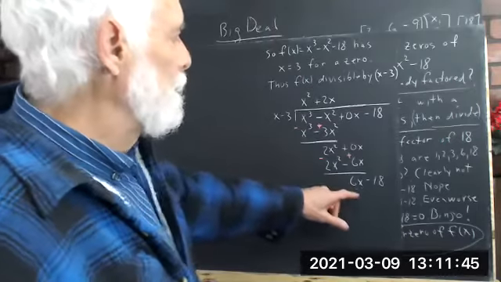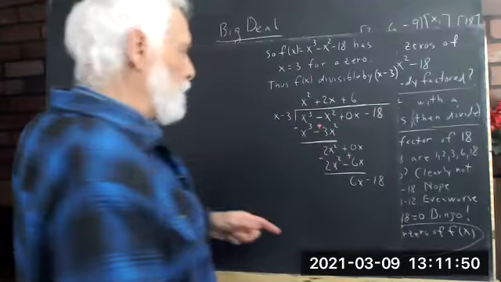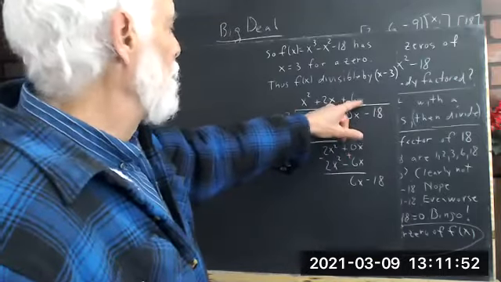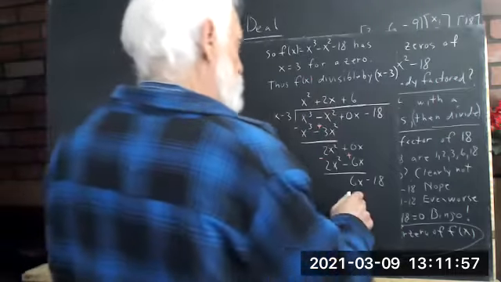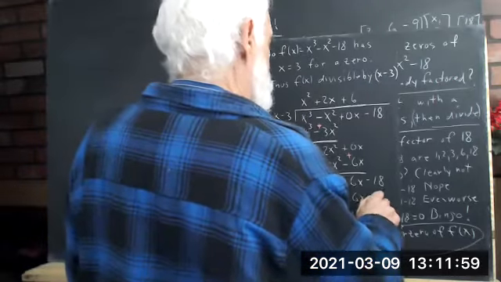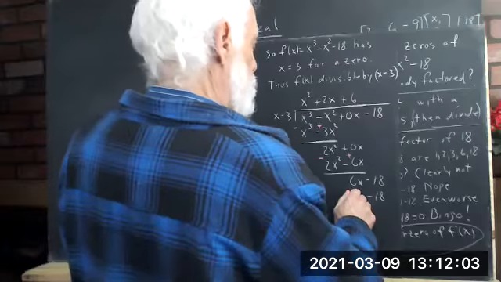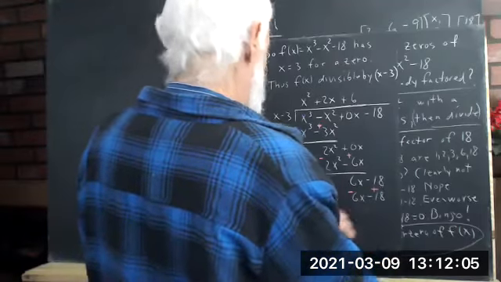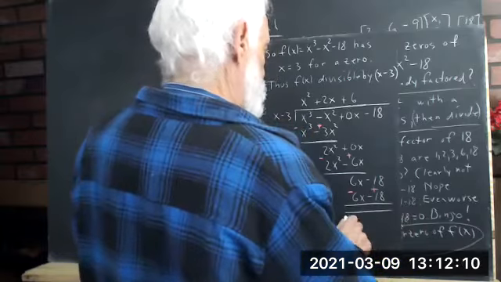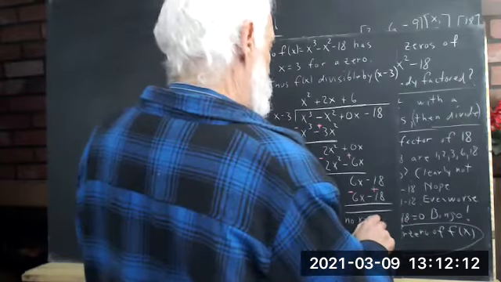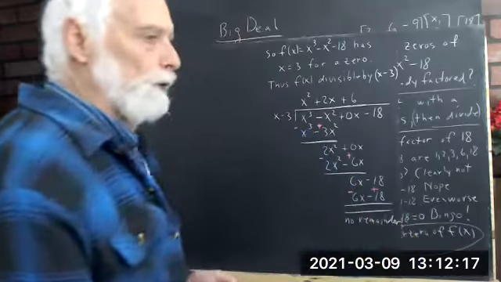And the x goes into 6x 6 times, or if you want to look at it this way, if you're going to multiply this by 6, you're going to match this 6x, and you're going to get 6x minus 18. You're going to write the opposite signs down here because you're subtracting. And you see that there's no remainder.